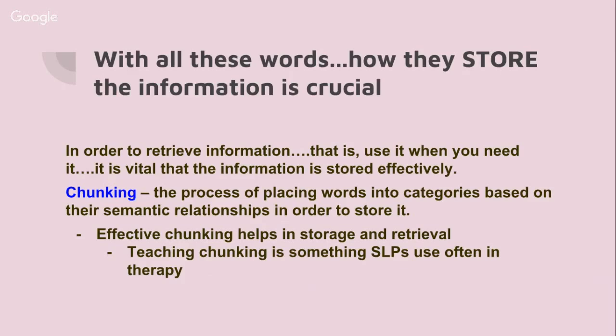Why? Because based off of the category of insects, you have stored things under that header that tell you 6 legs, 3 body parts, head, thorax, abdomen, and you will retrieve that information based off of their semantic features. Effective chunking helps with retrieval. Its purpose is to store. But why do we store? In order to retrieve.